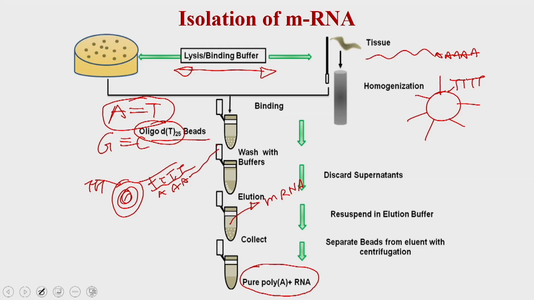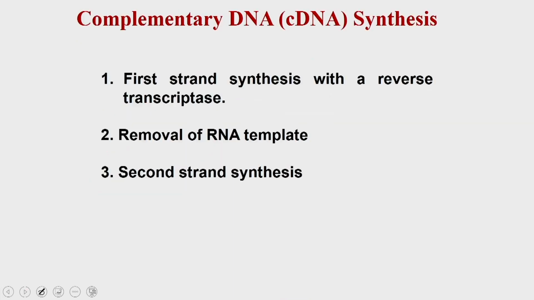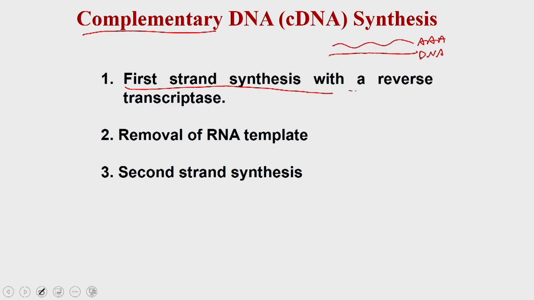In the second step, you have to generate the cDNA or the complementary DNA, which means you got the messenger RNA, now you have to generate the DNA, and this you have to do in 3 different steps. In the first step, you will do a first strand synthesis of the DNA, which is the reaction catalyzed by the enzyme called reverse transcriptase.